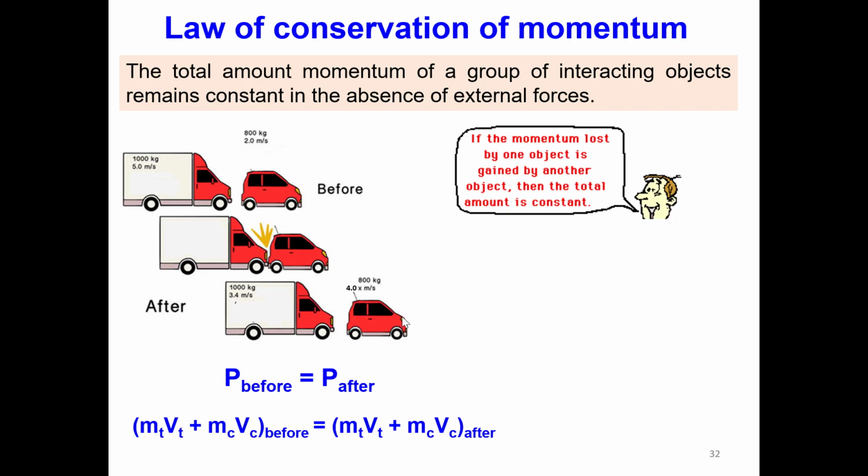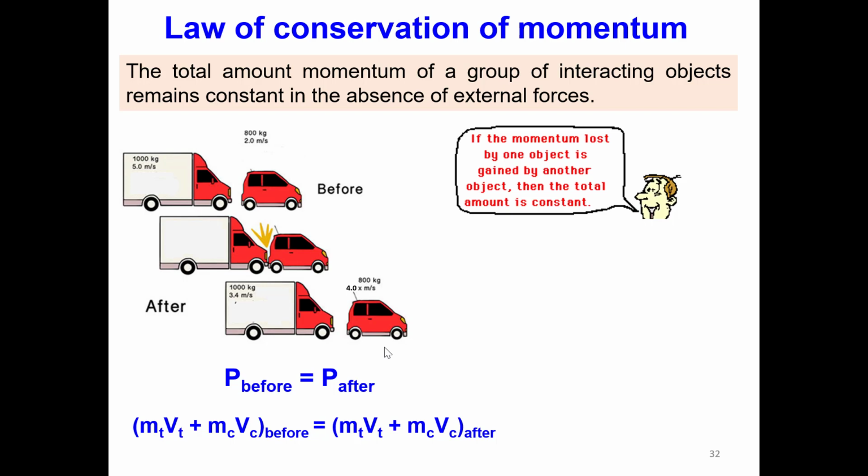And we have to do the same after the collision: the masses multiplied by the velocities. If we consider the external force almost absent, if we consider there is no external force, then these two quantities must be equal.